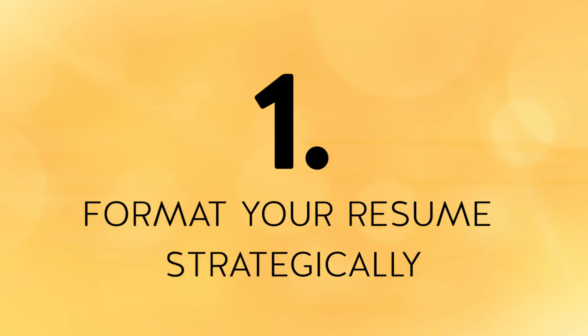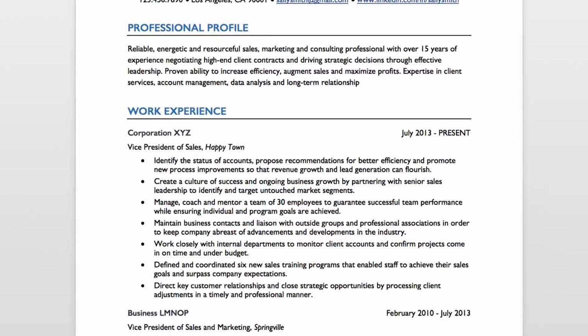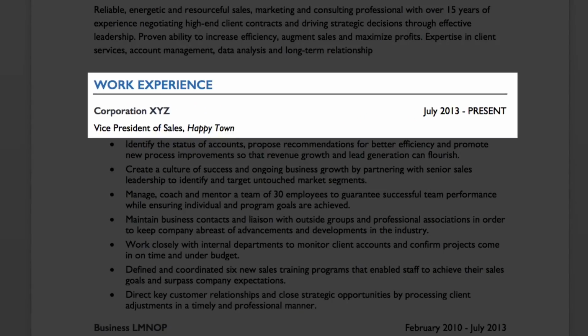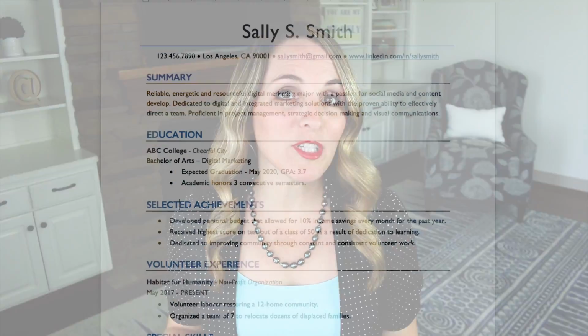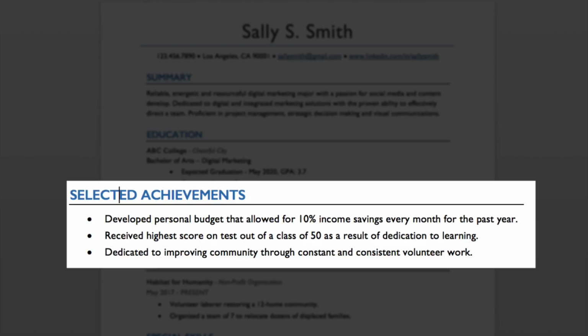Tip number 1 is to format your resume strategically. So rather than a reverse chronological resume format, which is the most common and displays your work history in a chronological time frame, consider using a functional resume format or even a hybrid resume format. This will bring focus to your accomplishments and abilities rather than placing emphasis on the dates you were employed.